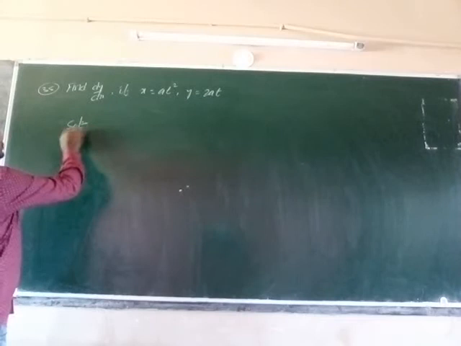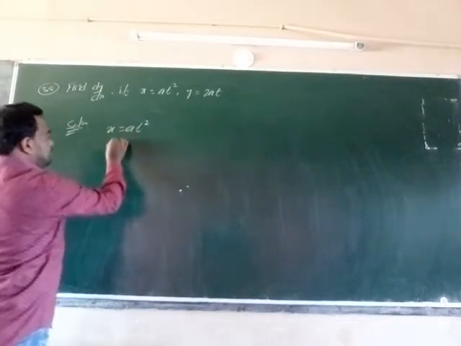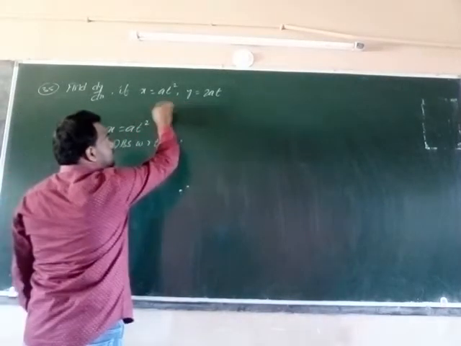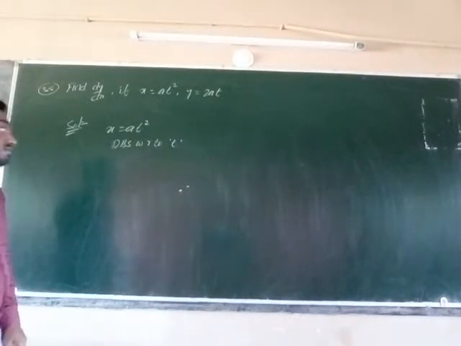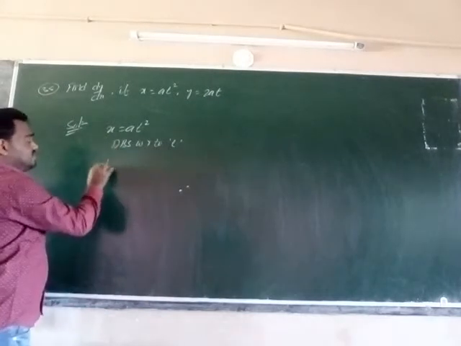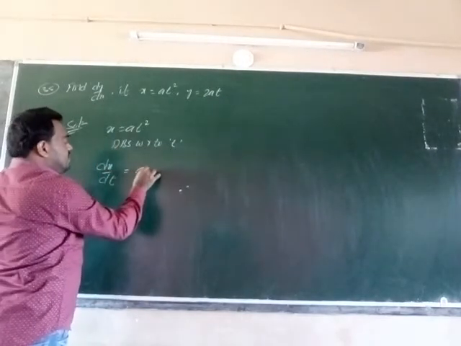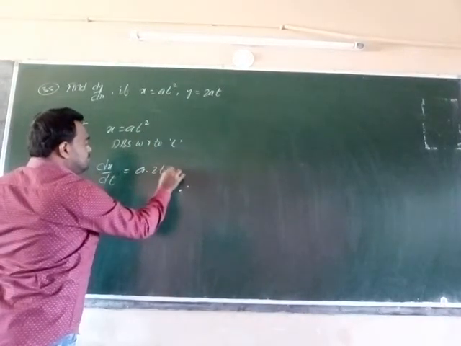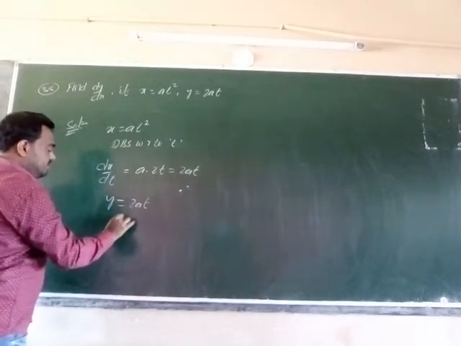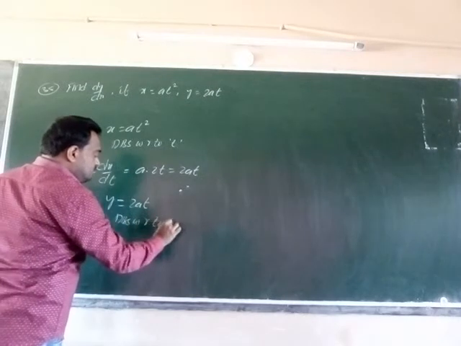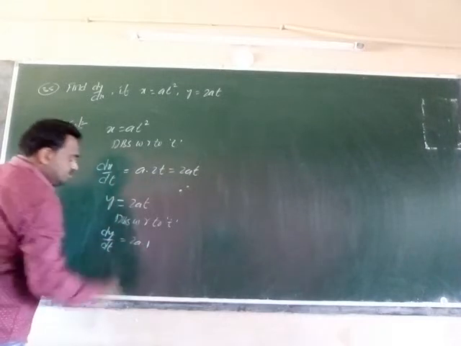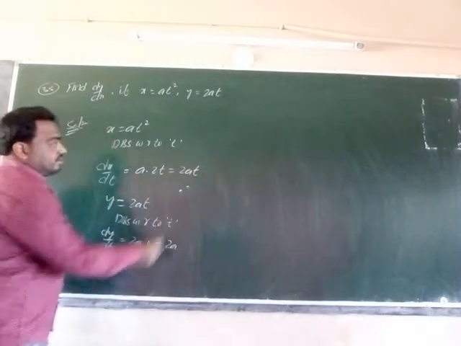Solution: x equals a t square. Take the derivative on both sides with respect to t, because x and y are variables of t only. So dx by dt equals a into the derivative of t square, 2t, which equals 2at. Now y equals 2at, and the derivative with respect to t gives dy by dt equals 2a into the derivative of t, 1, which equals 2a.